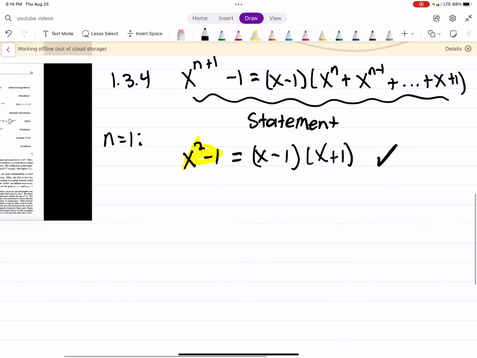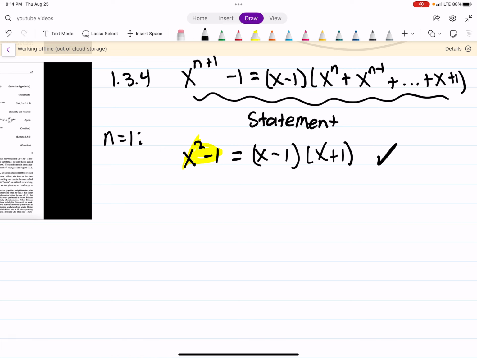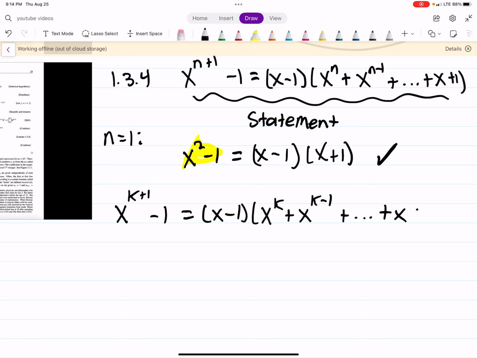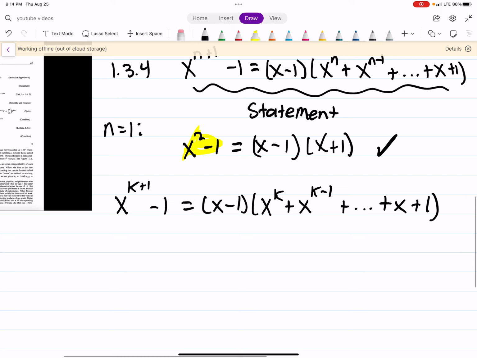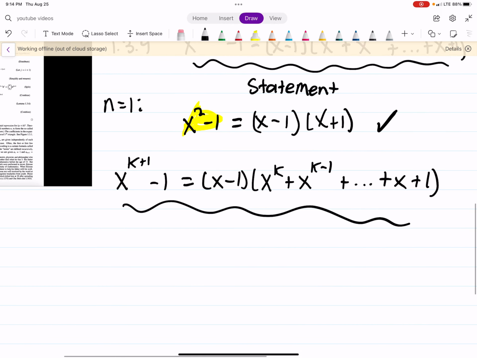Okay, so now for a general case, we'll say x to the k plus 1 minus 1 equals x minus 1 times x to the power k plus x to the power k minus 1 plus ... plus x plus 1. We'll just assume that this is true.